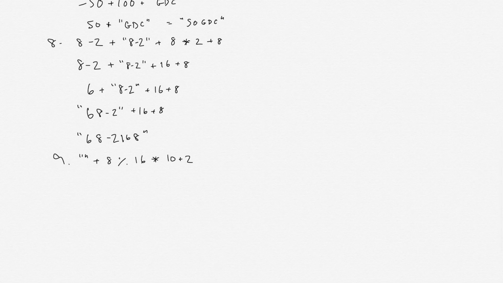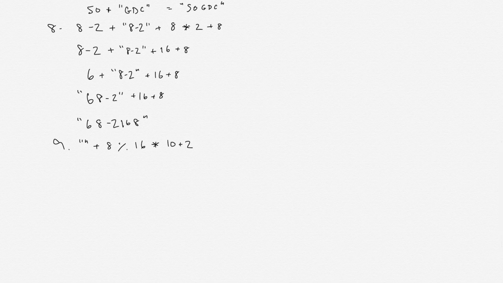So we will look at what is first here, which is the modulus operator, right? And this holds the highest precedence in this case. So we just do 8 mod 16, and that's 8.